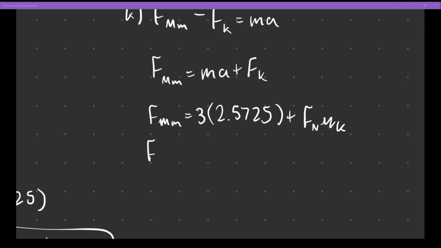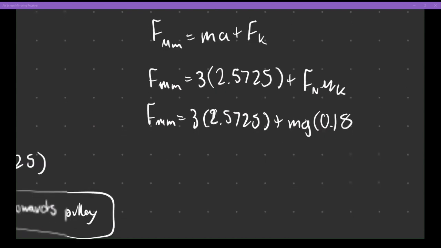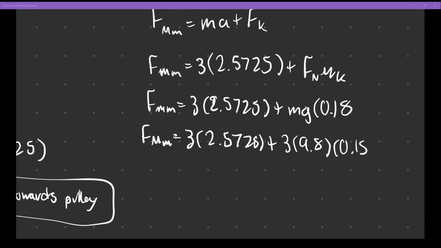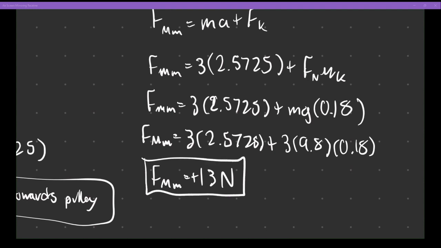Fn is equal to mg times 0.18. So Fm is equal to 3 times 2.5725 plus 3 times 9.8 times 0.18. And plugging all that into your calculator, Fm is equal to 13 newtons. Has to be positive though, or a plus sign, because force is a vector, and it's moving forward to the right. So say positive because line of motion.